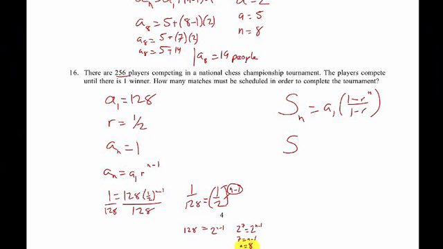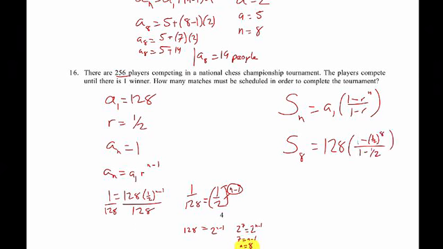Now, I said we're adding up the first 8 rounds because that's how many we have in total. So S sub 8 equals, our first round was 128, times 1 minus our ratio of 1/2, raised to the 8th power, over 1 minus 1/2.